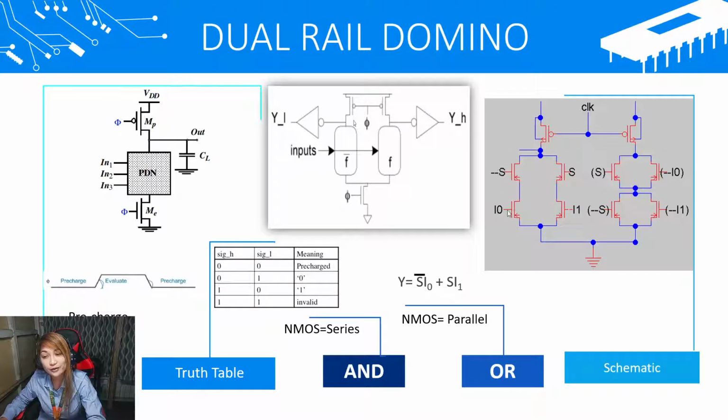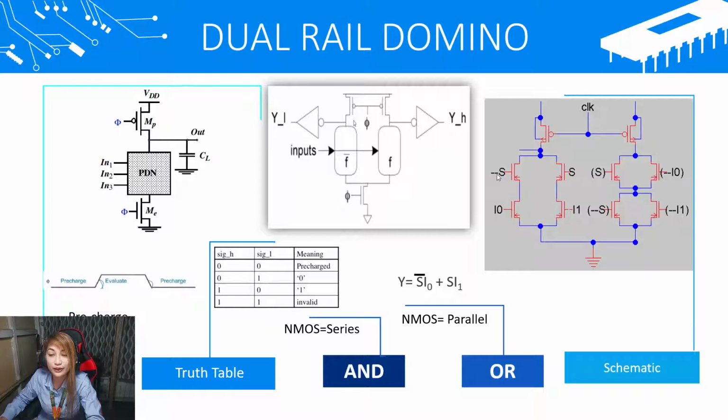If the S bar and I sub 0 are in series, they must be in parallel here. The same with the S and I sub 1, they must be in parallel. And if the S bar I sub 0 and S I sub 1 are in parallel here, they must be in series here. Same with the literals.